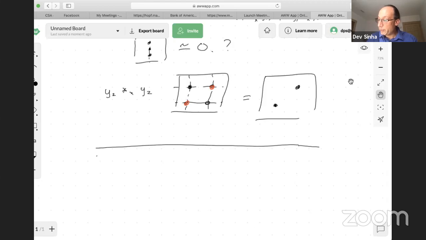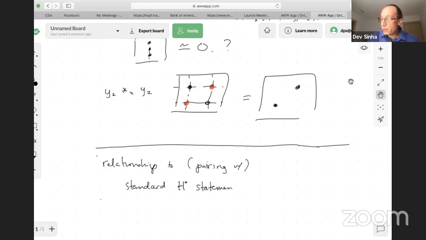I feel like I don't know as much as I'd like in this area in particular. What is the relationship to, i.e. the pairing with, the standard cohomology statement? I feel like that would be nice to be clearer.